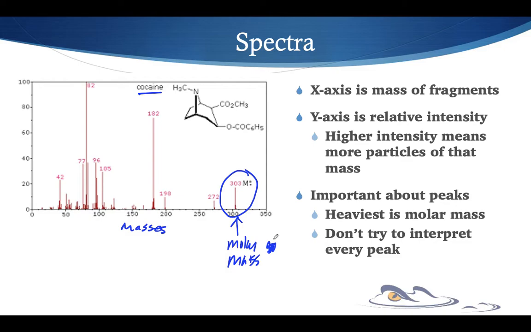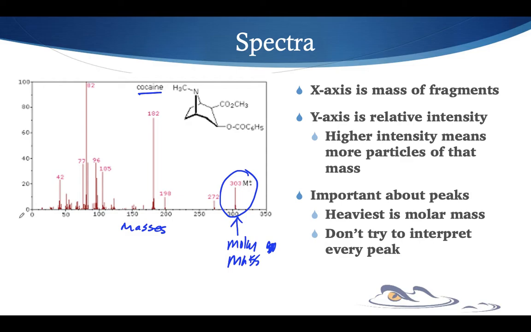The other big thing I can say is that the y-axis here has to do with relative intensity. What we mean by that is as these particles slam into the detector inside of the mass spectrometer, they create an electrical signal.